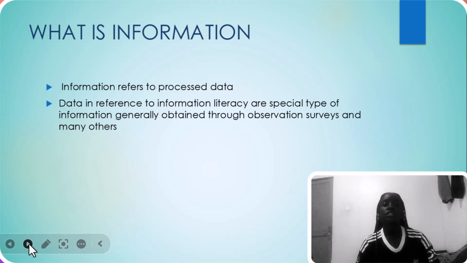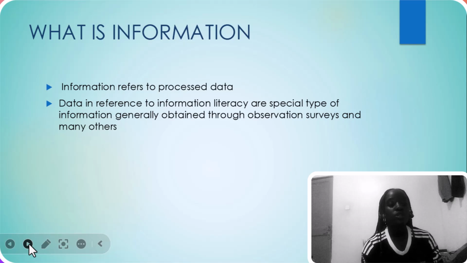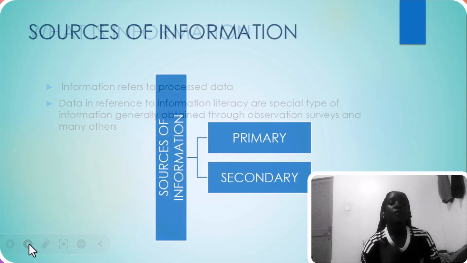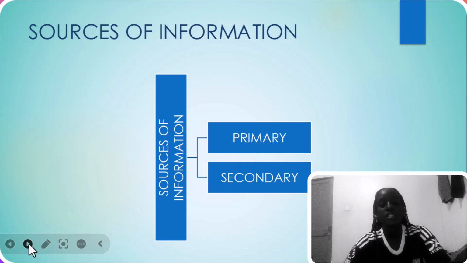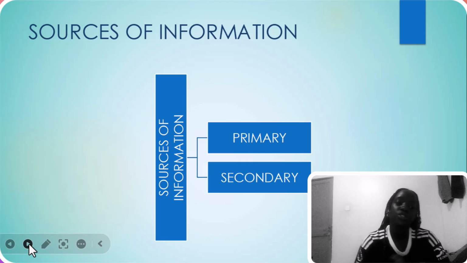Data in reference to information literacy are a special type of information generally obtained through observation, surveys, and many others. It is processed data. Now the sources of information, we have primary and secondary sources as you see there.